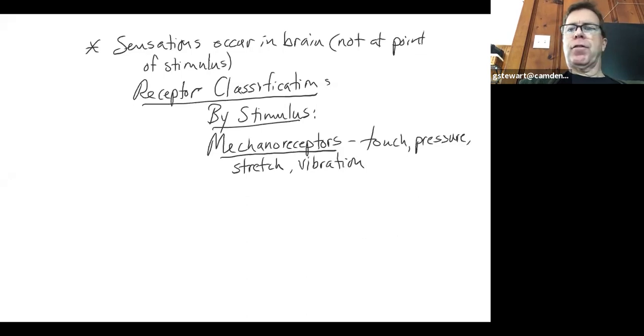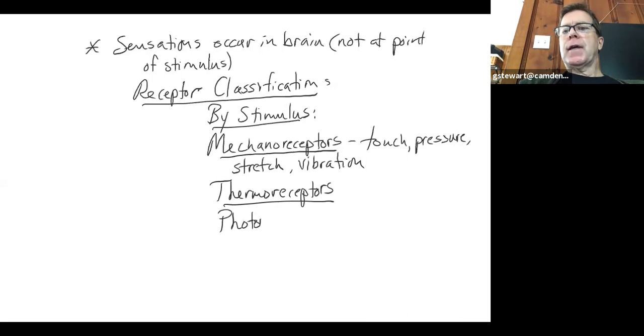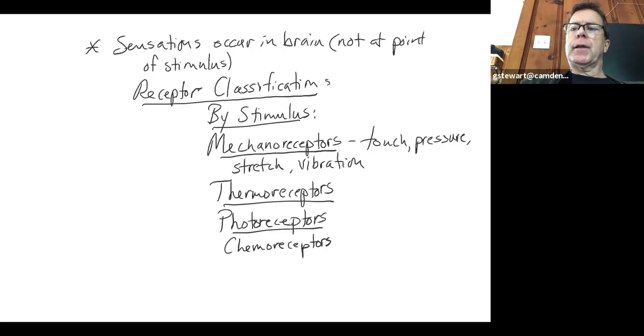There are mechanoreceptors in our vessels and organs, or things like vibration. There are also thermoreceptors. That's an easy one. Those are temperature receptors. Just think changes in temperature. There are photoreceptors in the retina of the eye that are sensitive to light wavelengths. There are chemoreceptors. These are a little bit more complicated.